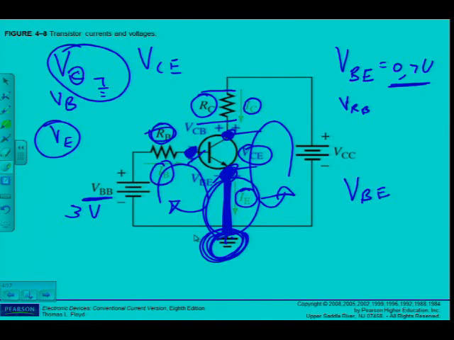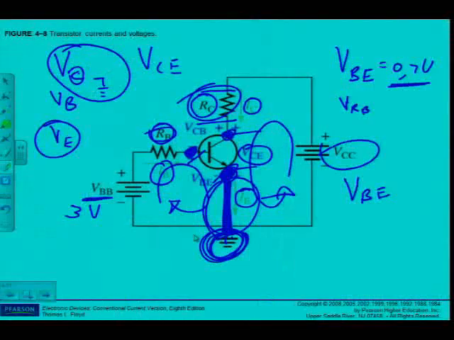If I apply Kirchhoff's voltage law, then I know the sum of the voltage drops around the circuit should be equal to the supply voltage. So if I want to determine theoretically VC, which in this case will also be equal to VCE, it will be the supply VCC minus the voltage drop over RC, VRC, then I have the value of VC or VCE.